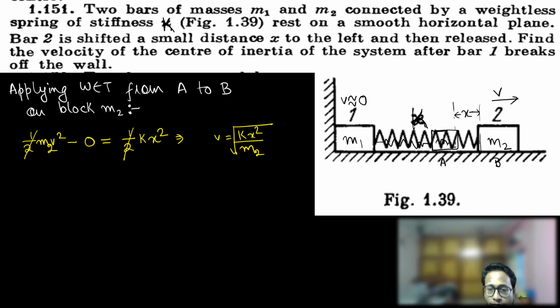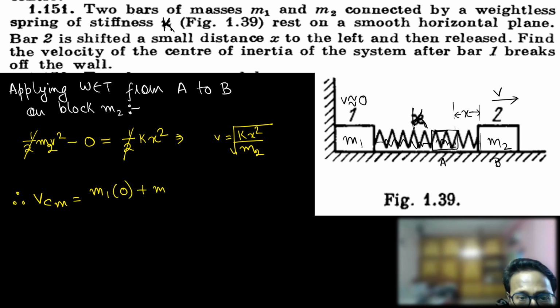So I have to find the velocity of the center of mass. The velocity of center of mass is equal to mass 1 into velocity of 1 when it detaches from the wall, plus mass 2 into the velocity of 2, divided by m1 plus m2. The velocity of 2 when it detaches from the wall is nothing but under root of kx square by m2.